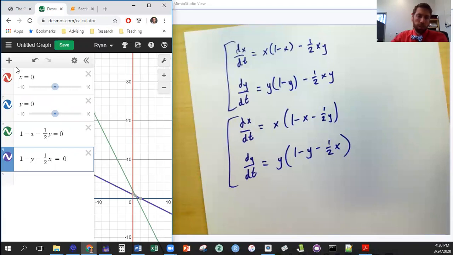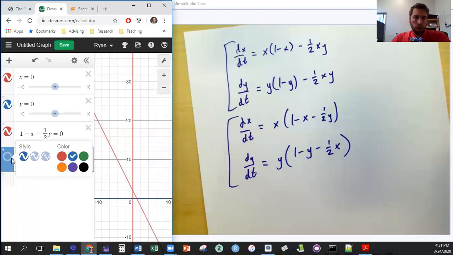And then let's use a color scheme to help us. Let's use red for the x null lines and blue for the y null lines.